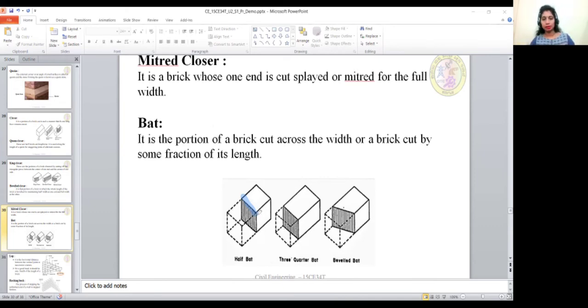If it is cut exactly half, we call it half bat. Then 3/4 bat: if a quarter of the brick is cut off, then we will call it 3/4 bat. And beveled bat. Usually when constructing, as the corner of the building wall is about to end, we cannot place exactly one full brick, then these closers and bats will come. To place the brick in a proper position and give the finishing, these closers and bats come in.